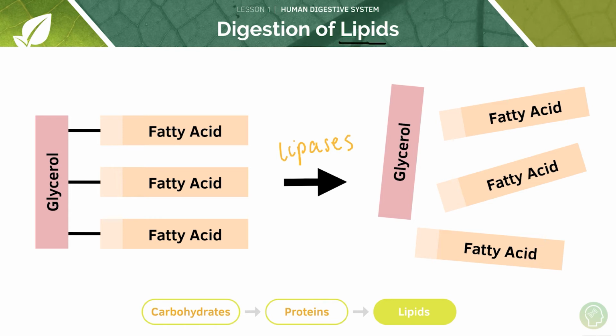That's your lipid, and it's being broken down, so we're going to have this ase stem on the end. So it's really easy to remember which enzymes are responsible for breaking down the larger molecule. If it's a lipid, it's a lipase. If it's a carbohydrate, it's a carbohydrase. If it's a protein, a little bit different here, a peptidase.